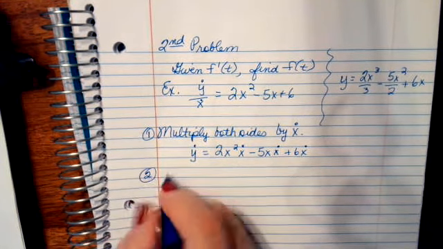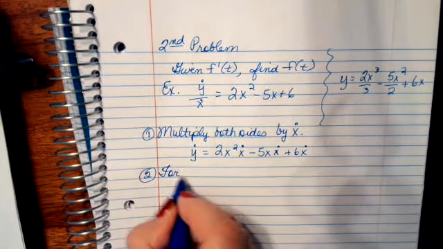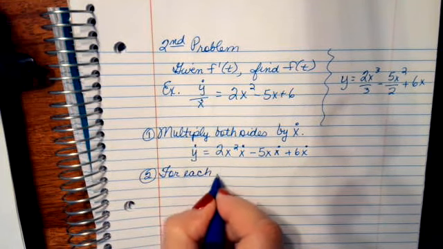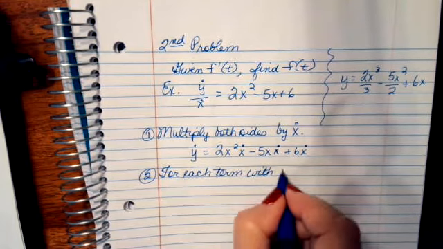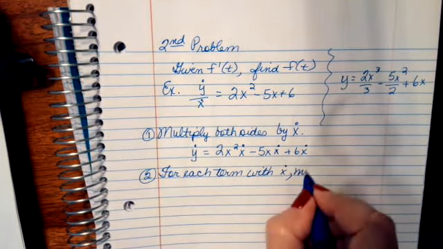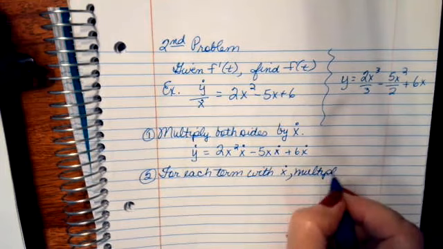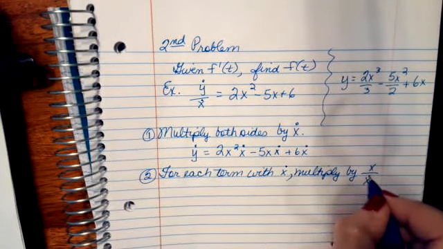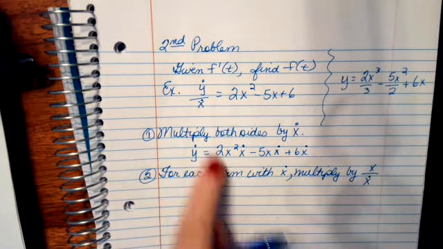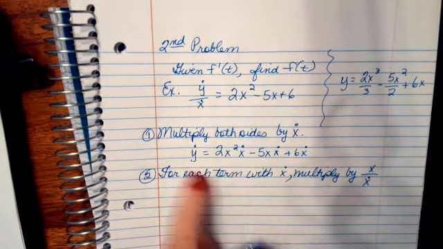And then he said for each term with x dot, multiply by x over x dot. Okay, well, that term doesn't have an x dot in it, so ignore it.